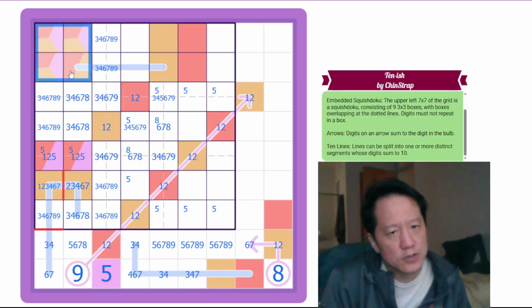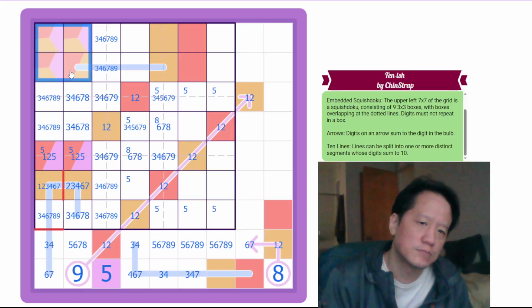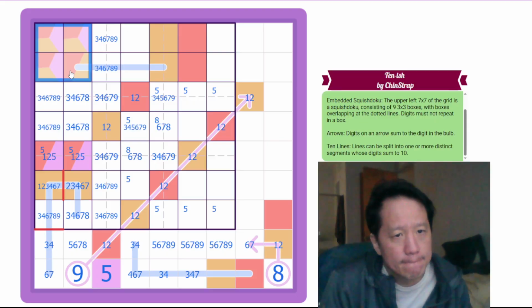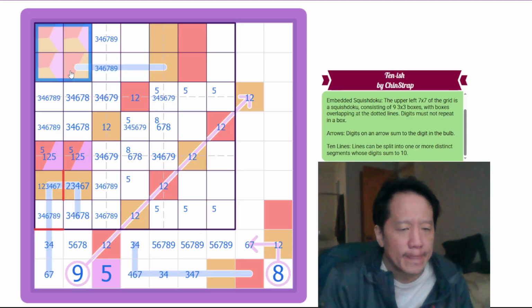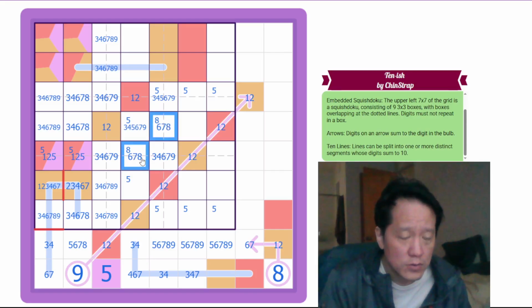What is the digit that's here? If we had one of the non 6, 7, or 8s here, is that possible?